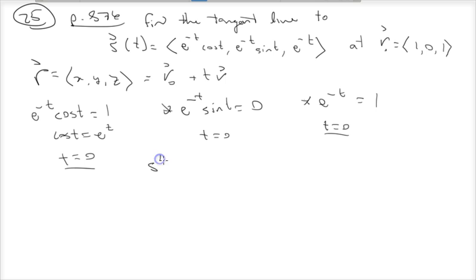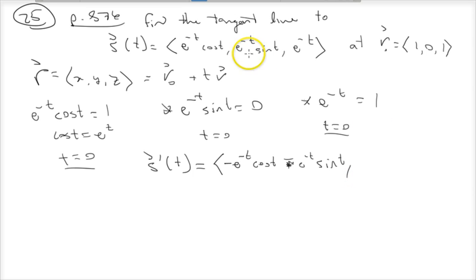So we'll get s prime of t, and we're going to need to apply our product rule here, so we get negative e to the negative t times cosine t, plus, but there's going to be a negative because the derivative of cosine is negative sine, so it's minus e to the negative t, we leave the e to the negative t alone, times sine t.